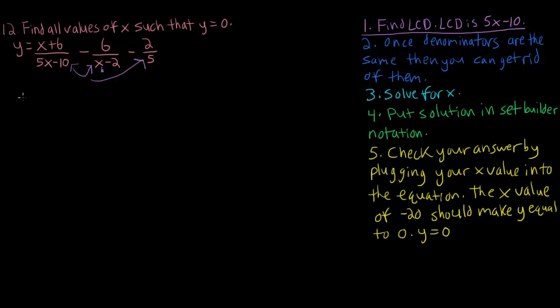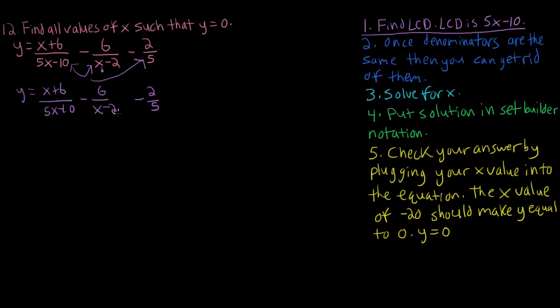So let's just write this again. y equals x plus 6 over 5x minus 10 minus 6 over x minus 2 minus 2 over 5. So the LCD is going to be 5x minus 10. So we can keep this term the same.